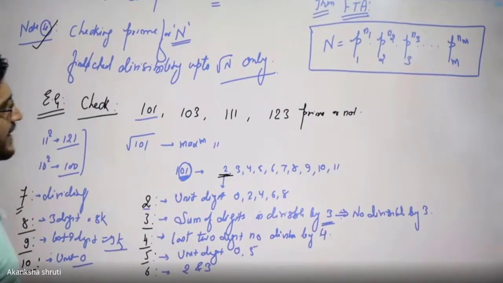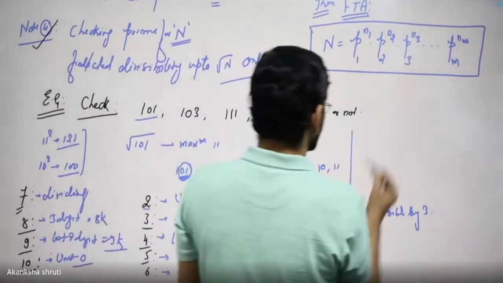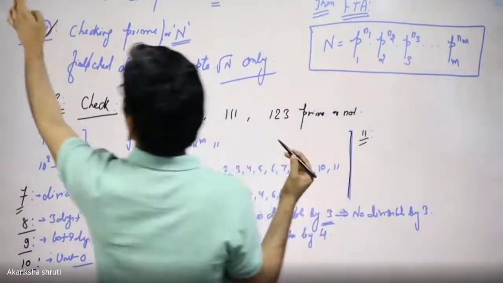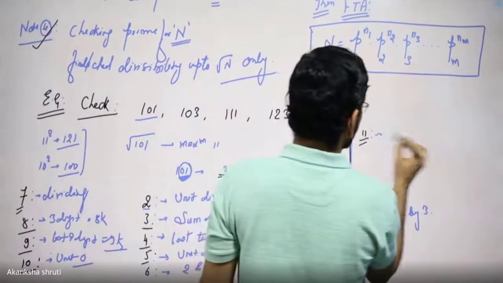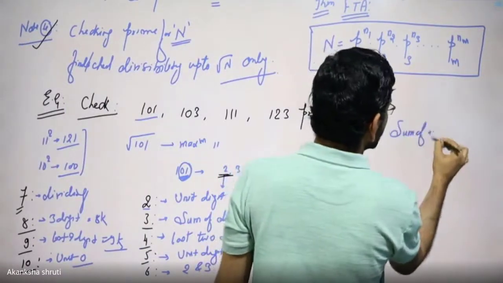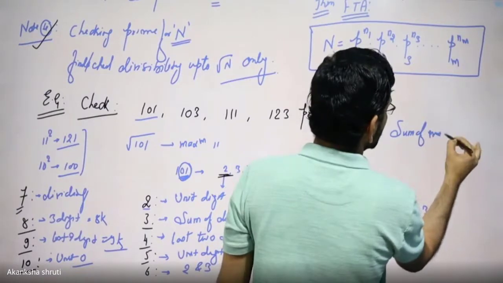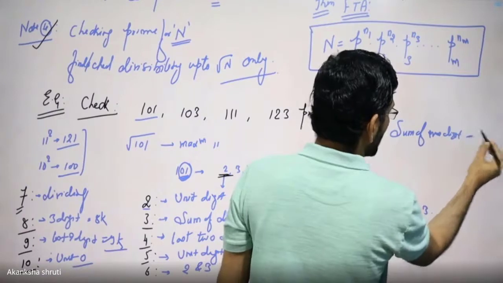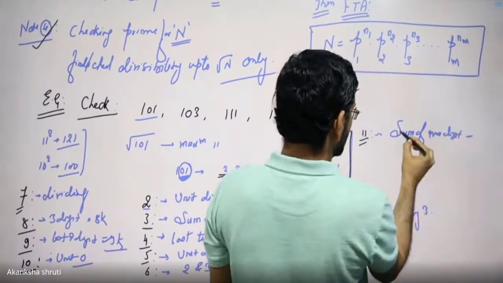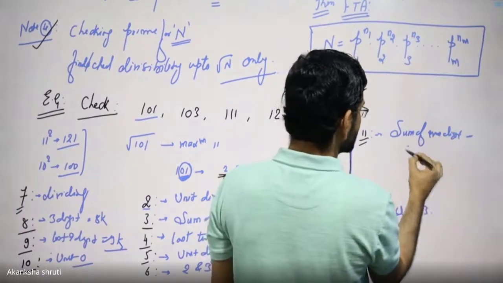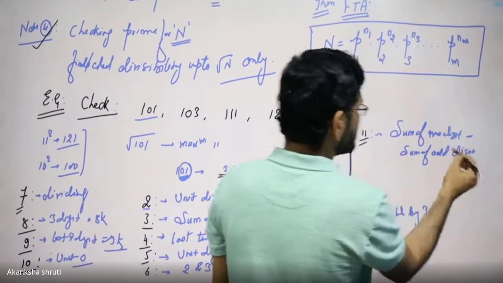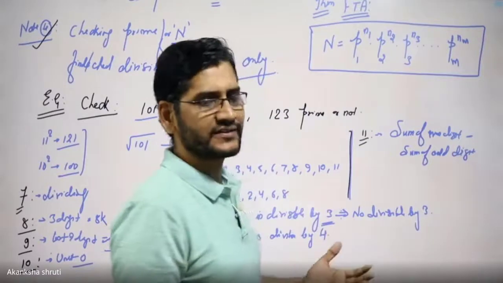For 11, this is another important one. Students, for 11, you have to take the sum of even-place digits and the sum of odd-place digits and take their difference. So sum of even digits minus sum of odd digits, or you may take sum of odd digits minus sum of even digits, that doesn't matter.